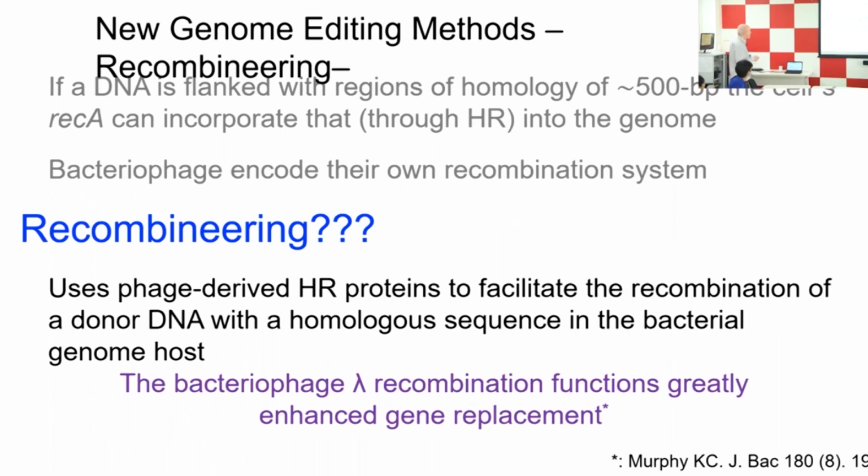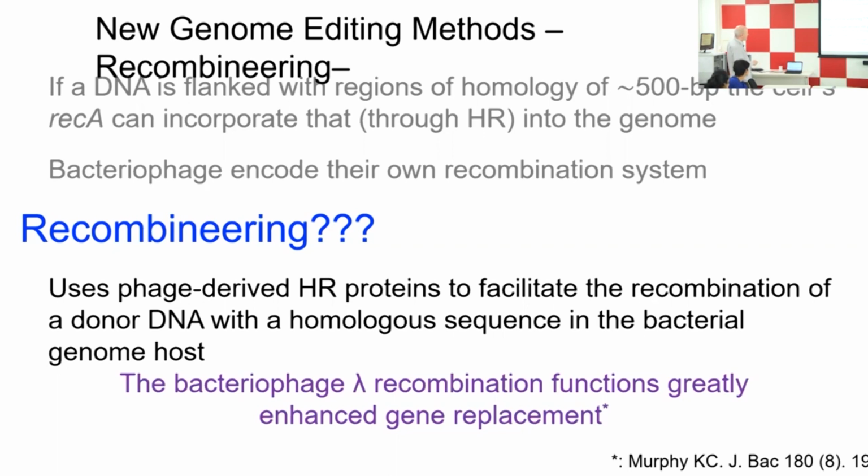Okay, so it's not the same as recombination. Recombination deals with big chunks of DNA that you need for recombination. In the case of recombineering, as you will see in a moment, you require just small segments of DNA that are homologous in the target region of the genome for making this happen.